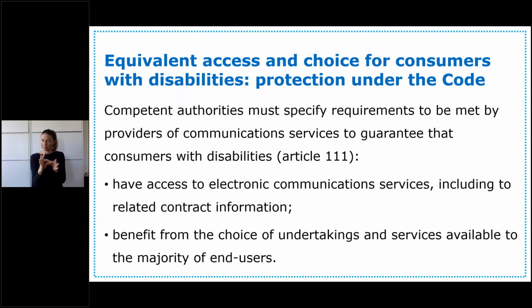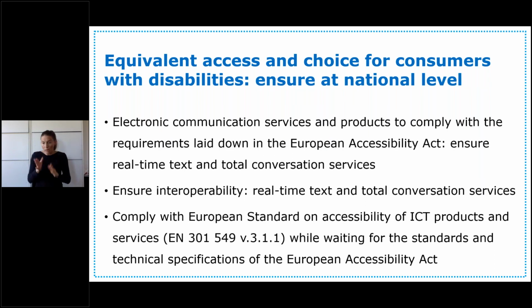And obviously, when it comes to choice, so equal choice to the undertakings, to the services at national level, countries can also adopt measures to ensure that end users with disabilities enjoy the same choice as their non-disabled peers. Next slide.